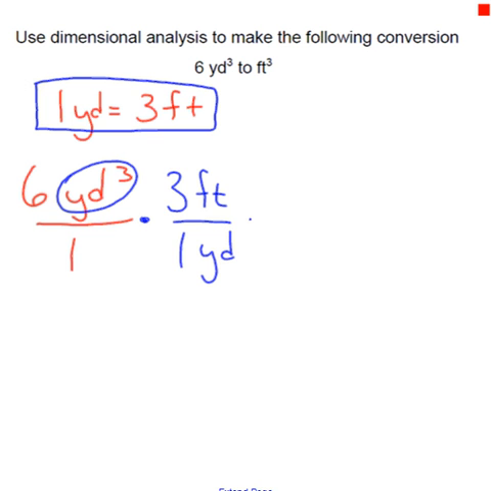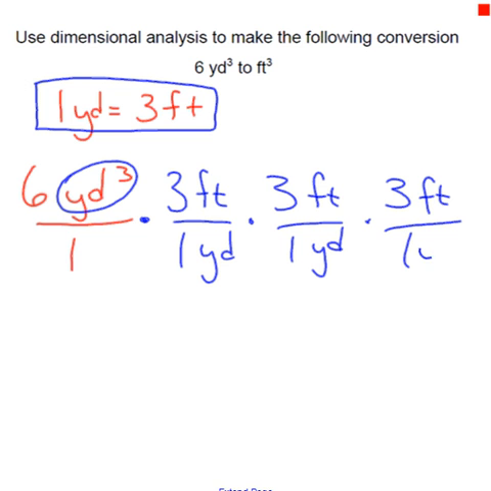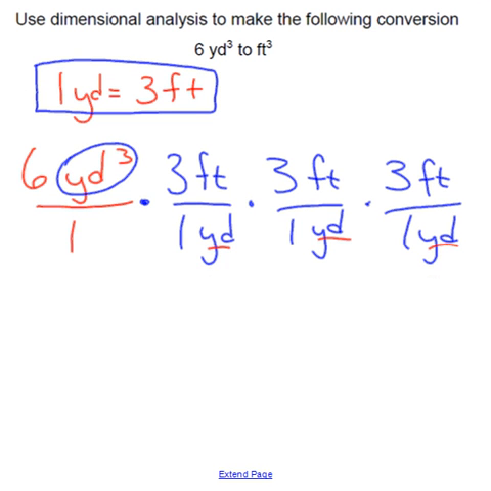I'm going to do this. I'm using the same conversion, 3 feet equal 1 yard, but using it 3 times, because in order to cancel cubic yards, I need 3 different versions of that, 3 separate versions of that calculation.